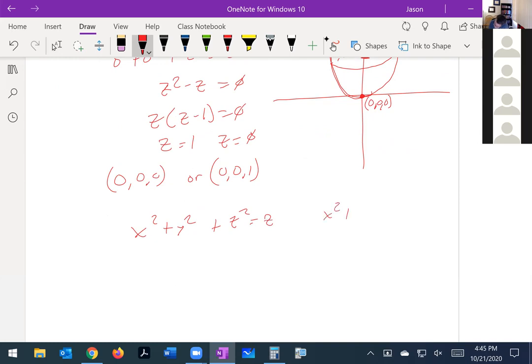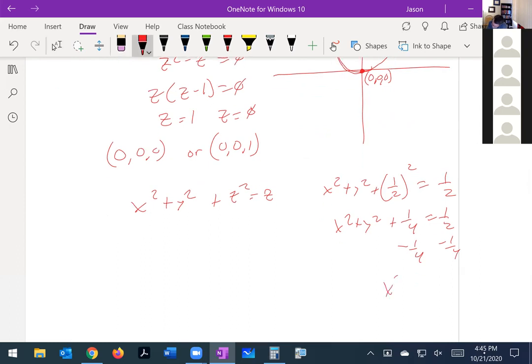So x squared plus y squared plus 1/2 squared is equal to 1/2. So x squared plus y squared plus 1/4 is equal to 1/2. Minus 1/4, and I get x squared plus y squared equals 1/4.